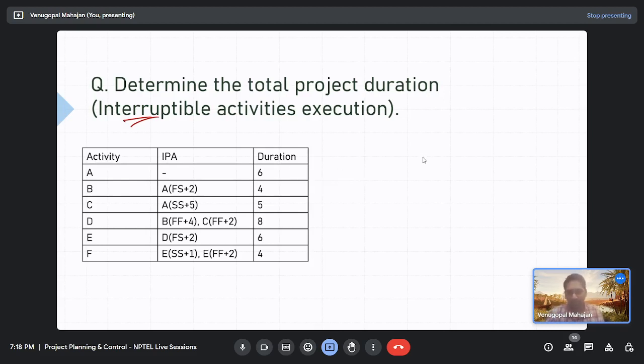Making the network: activity A, then you have activity B and C coming in.